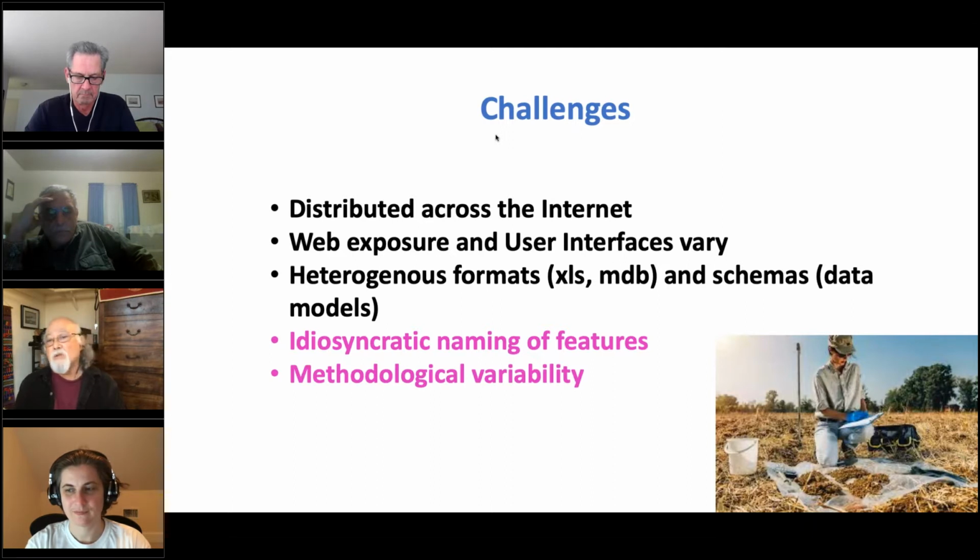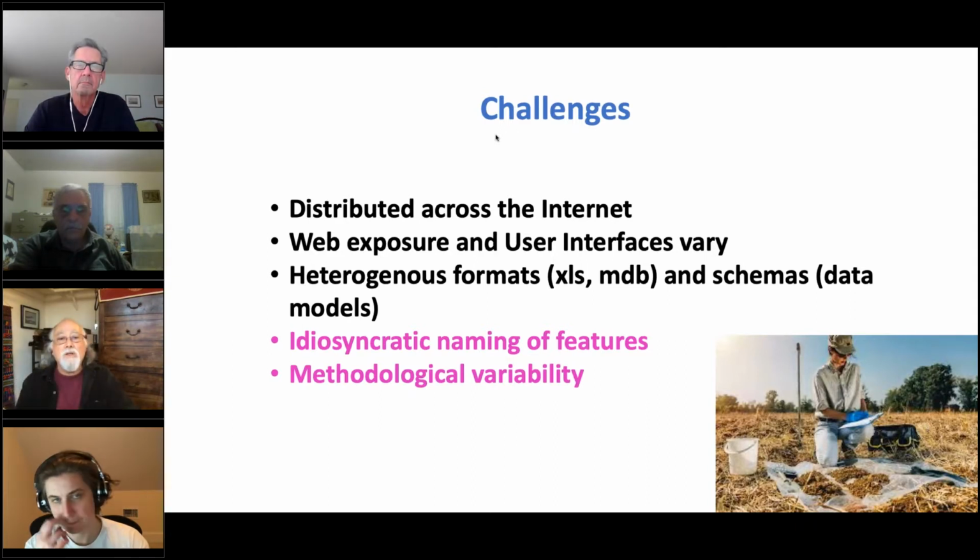And also the schemas, the underlying data models, are quite variable. And even when you open a spreadsheet and look at the column labels, you see all sorts of idiosyncratic naming of features, and then the measurements themselves might be taken using quite different methods.